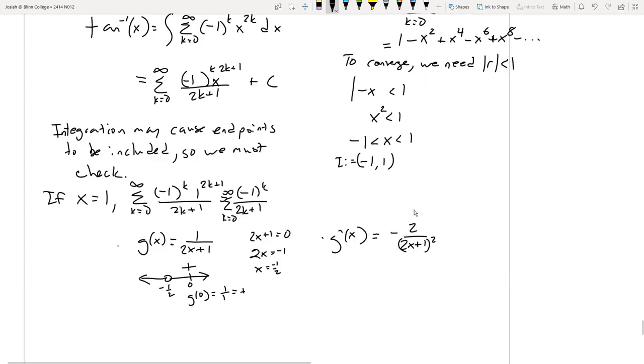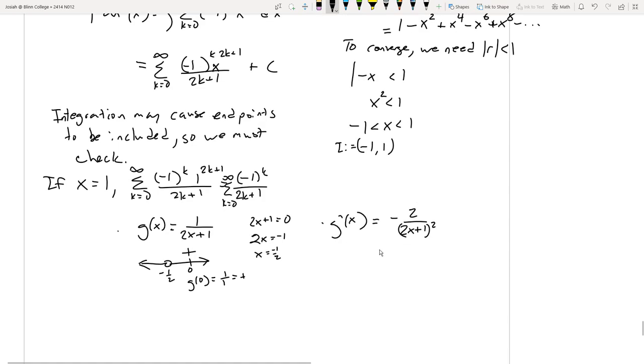All right, so we'll go ahead and same process. We get no new issues because the numerator is just a number. So we've got -1/2 here as our hole. I'll go ahead and plug in 0 again. g prime of 0, -2 over 1 squared. So that's -2. That's negative. So we've got positive, and we've got non-increasing.